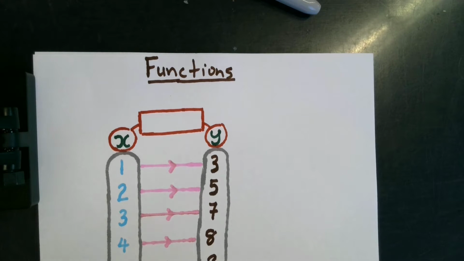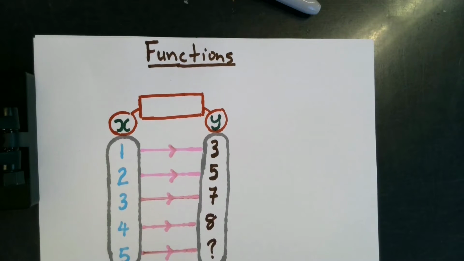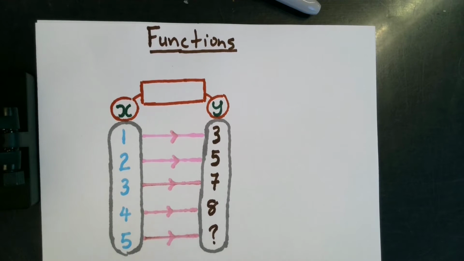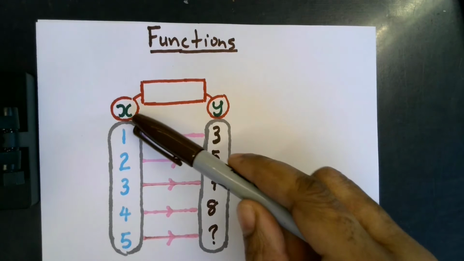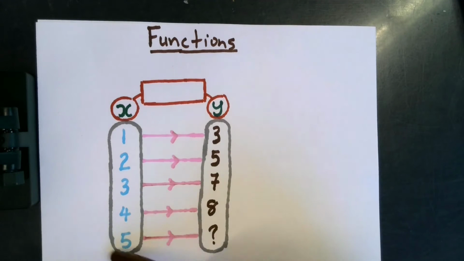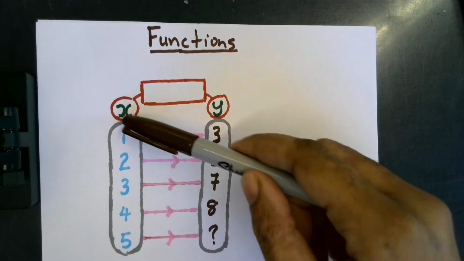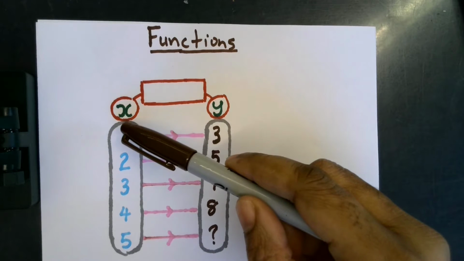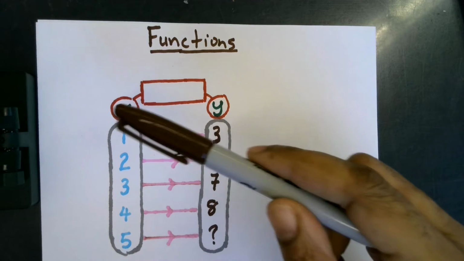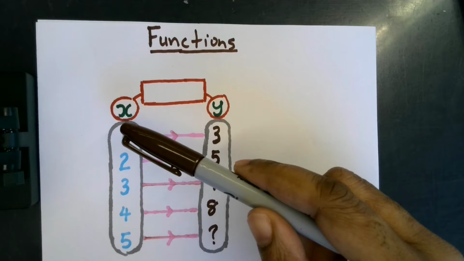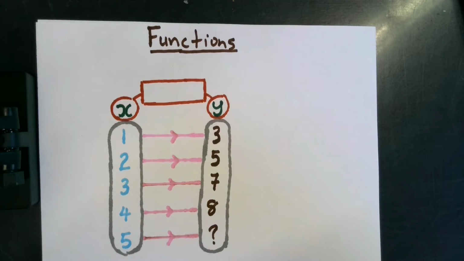Yes? Now, I have a mapping diagram, or what you would call an arrow diagram. And X is a set of numbers 1, 2, 3, 4, 5. So this set that we call X contains the elements 1, 2, 3, 4, and 5.